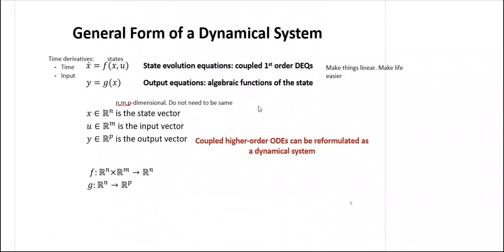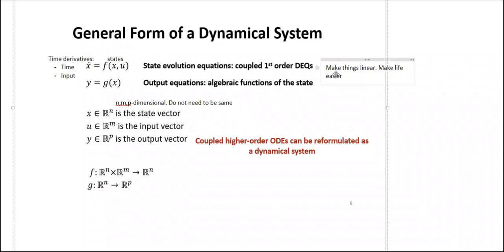So, a dynamical system review. The general form of a dynamical system is x dot equals f(x, u), where x represents the states of the system, and x dot is the time derivative of the states, which includes information about time, and u is the input to the system.